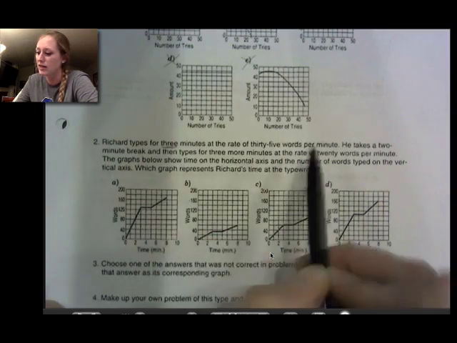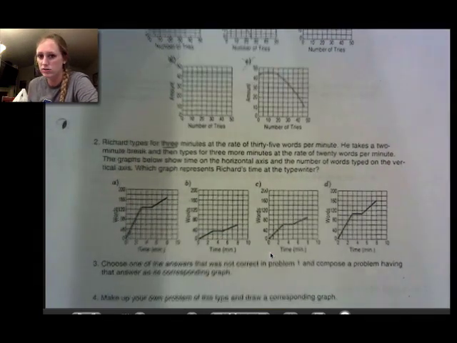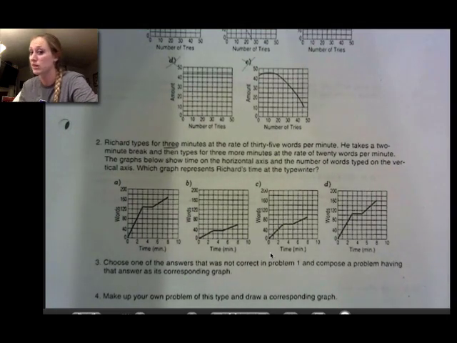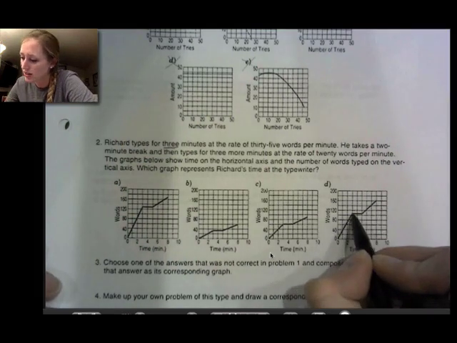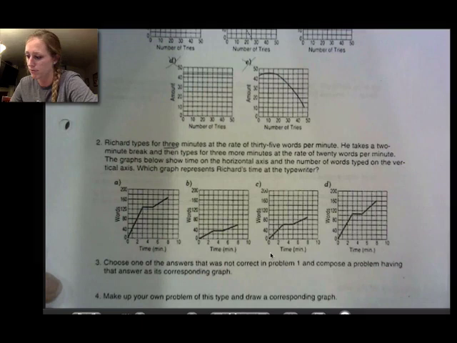So at 3 minutes, he's typing 35 words per minute. So 35 words the first minute, 35 more words the second minute, so he's up to 70. And then at 3 minutes, another 35 words, so he's up at 105. So after 3 minutes, I should see 105 words. So this is actually the only graph that shows that, so that actually helped me narrow it down right away.